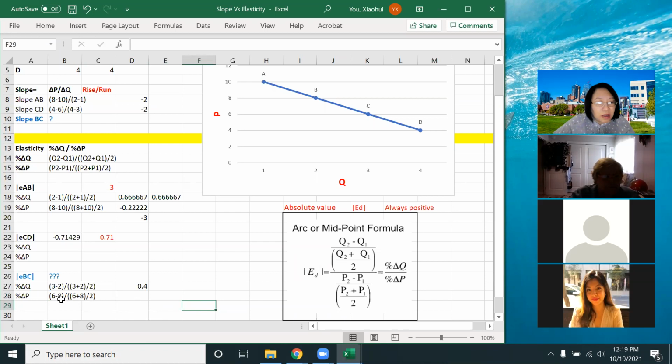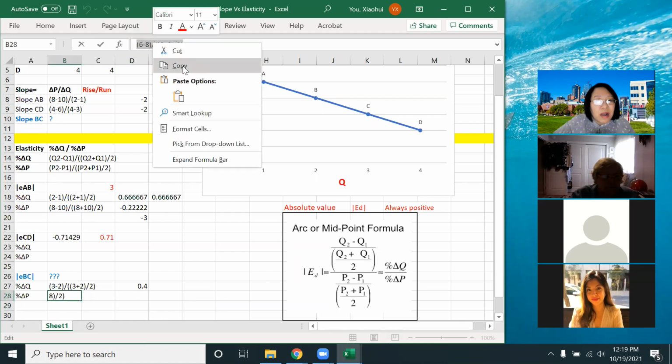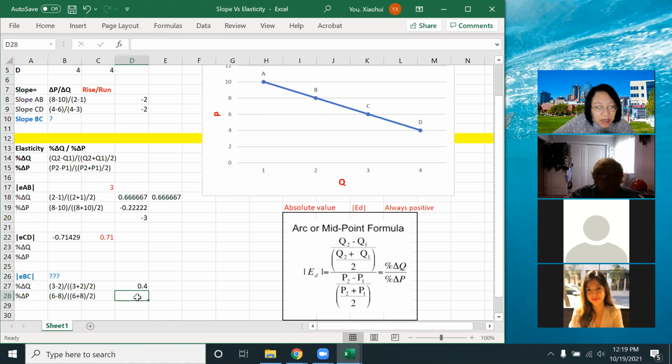Okay, let's copy this value. Copy from the formula bar, and using this cell to do the calculation, equal, and paste this value. Enter. Is this correct? That's what I got. Okay, great.